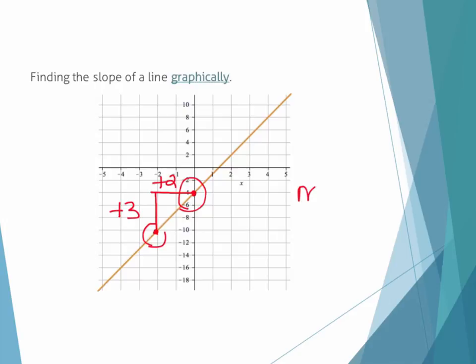So my slope, which is always denoted with a lowercase m, is the change in the output, the change in y, which is 3, divided by my change in input, which is 2. So again, I'm just following up and then over.